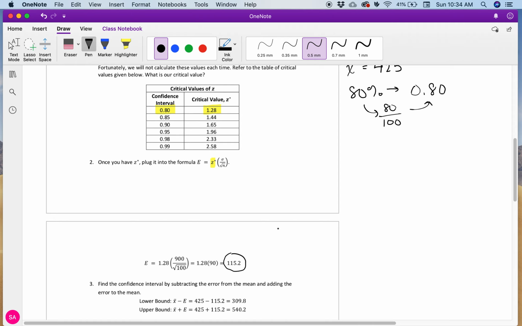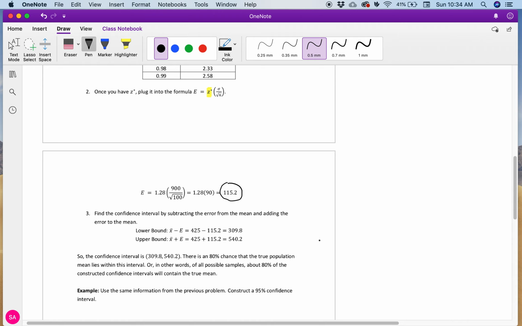So the last step, right? So you just had to figure out your z-value, your critical z-value, or your z star, and plug it into your formula with the other information you need. And then the last step is to actually figure out the bounds, the lower bound and the upper bound for your interval. And to do the lower bound, you take your sample mean, which was 425, that was stated in the problem, and then subtract the error.